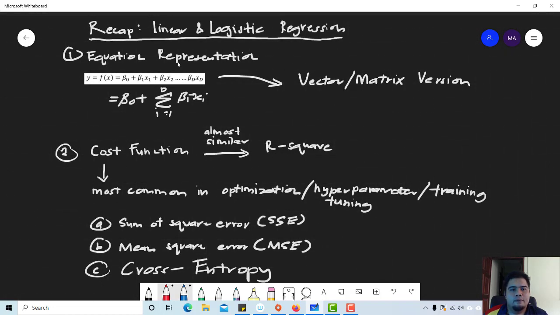Okay, number one, we discussed how we represent the linear regression equation in different forms. Instead of writing the long expression of your linear regression, you can express it in matrix form or vector form. Another way is to express it using a summation symbol.